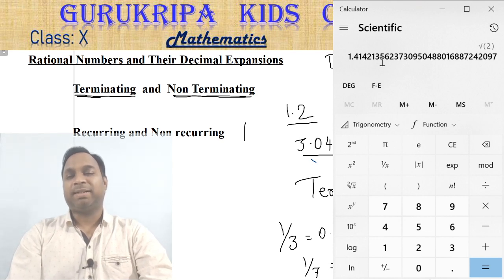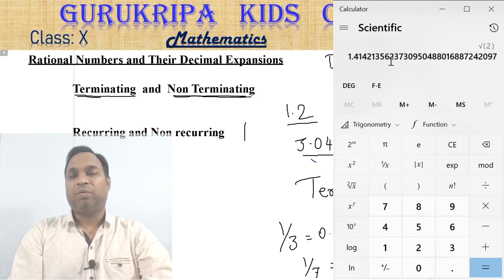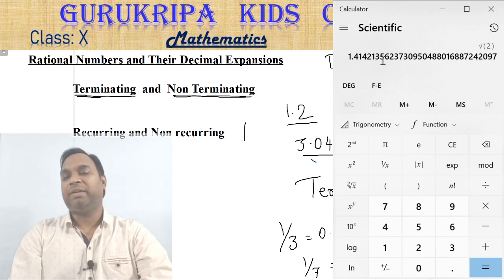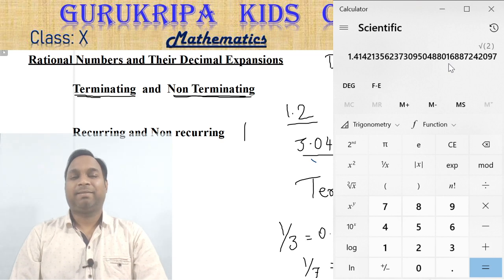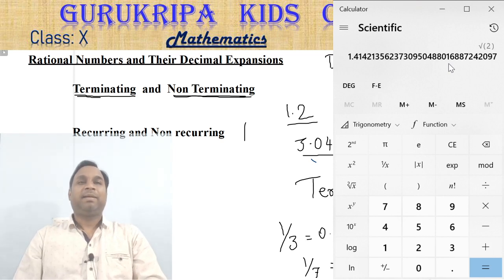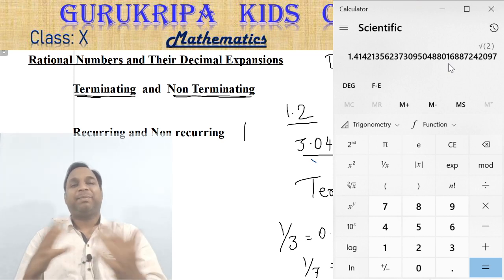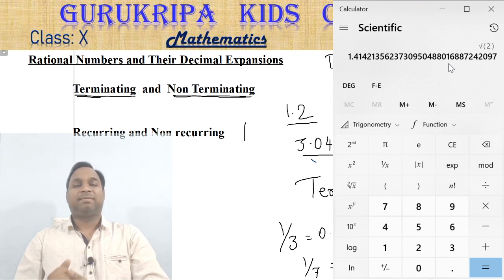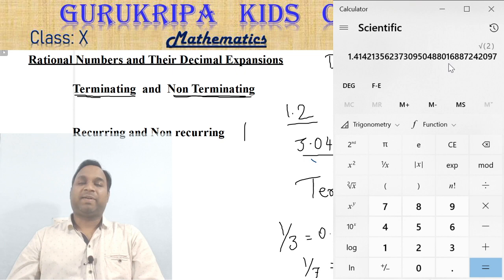Try to see this number. Is it repeating at any place? 1.414213562373095048880. Is it repeating? No, it's not repeating. The numbers are changing in some random pattern. You don't know what the pattern is. You cannot figure it out. Numbers keep on coming one after another.